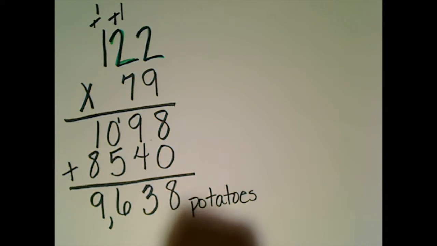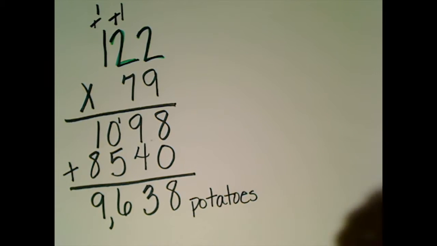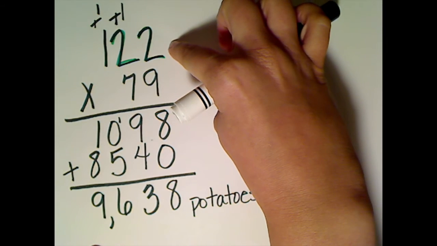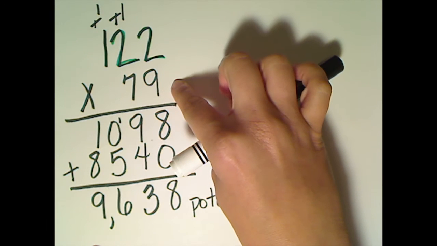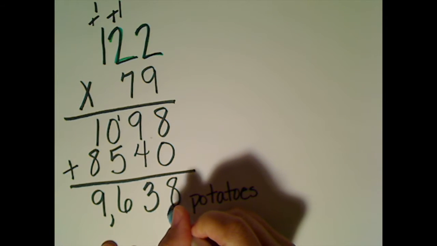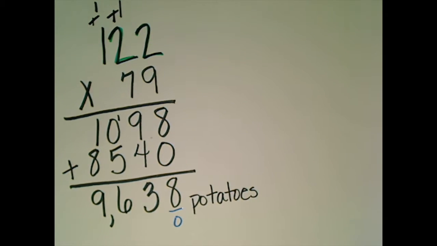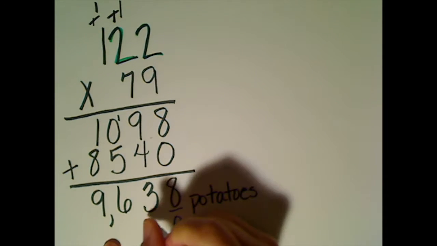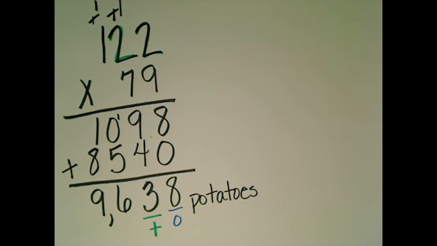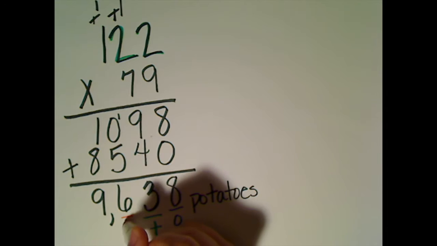But guys, let's look at a couple of things before we move on to the other methods of computation. We started off with a 3-digit factor and a 2-digit factor. Let's name the place value. 8 is in our ones place. 3 is in our tens place. 6 is in our hundreds place.